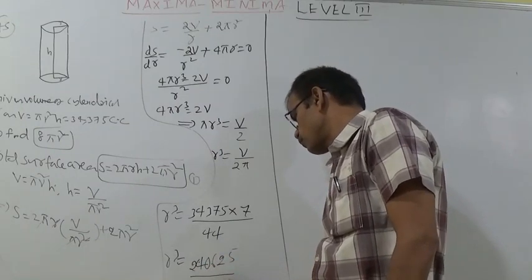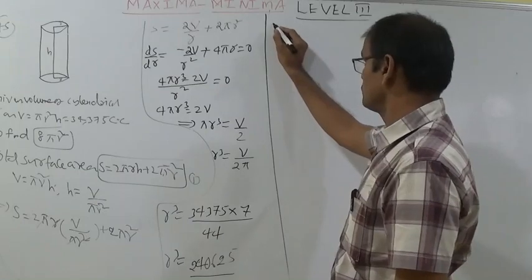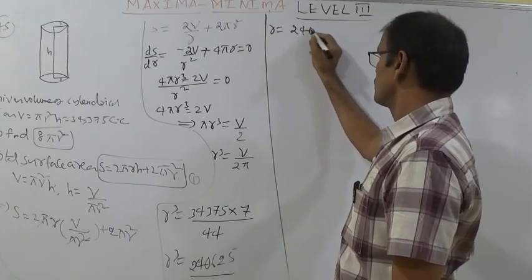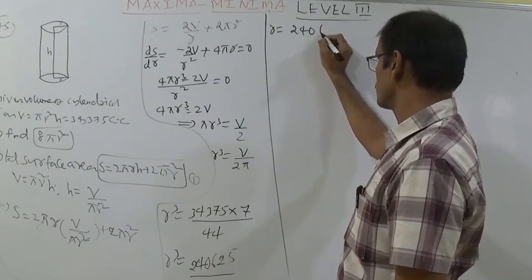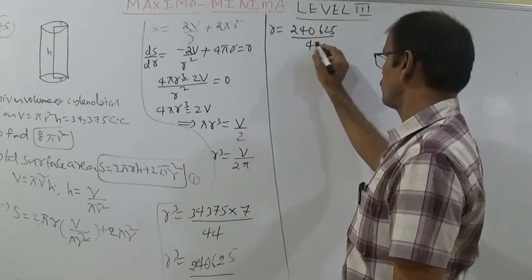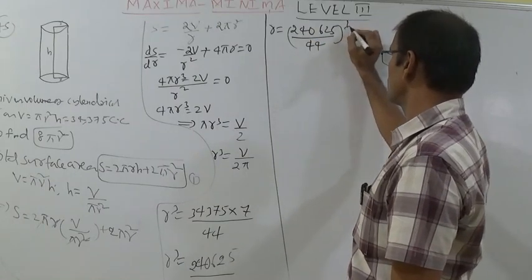That gives 240,625 by 44. So r is equal to 240,625 by 44, whole power 1 by 3.